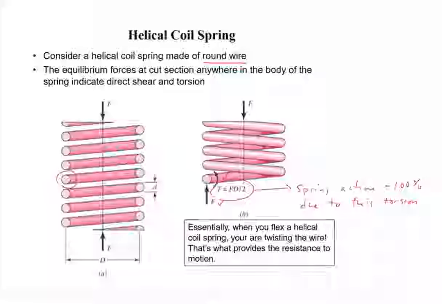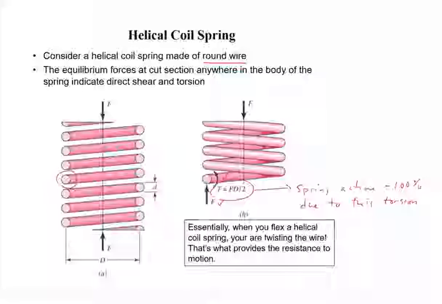Essentially what you're doing is twisting the wire as per this torque that's being applied. The shear force isn't significantly deflecting the spring material, and it isn't effectively doing any of the springiness. It's not adding to the stiffness or the ability to move that spring in and out. When you collapse the spring or extend it, you're essentially twisting it.